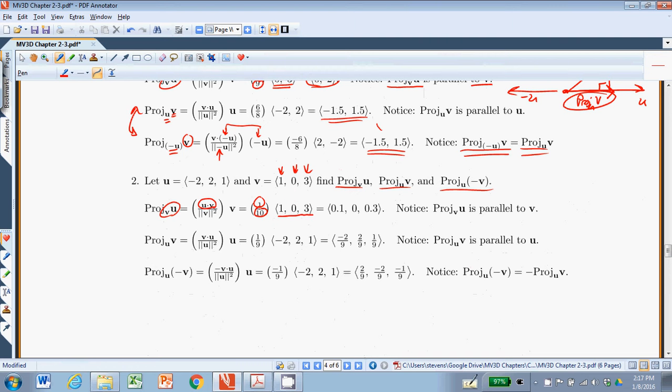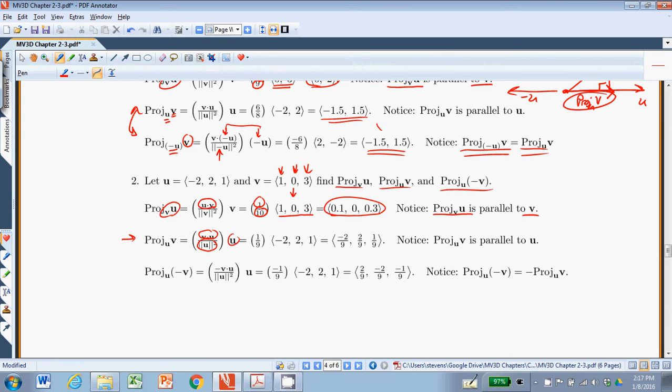And when I do that, I get this vector here, and notice the projection of u onto v is parallel to v, as it should be by definition. If I switch things around and I project v onto u, the dot product up here stays the same, but now I'm dividing by the size of u squared instead, and I'm multiplying by u.